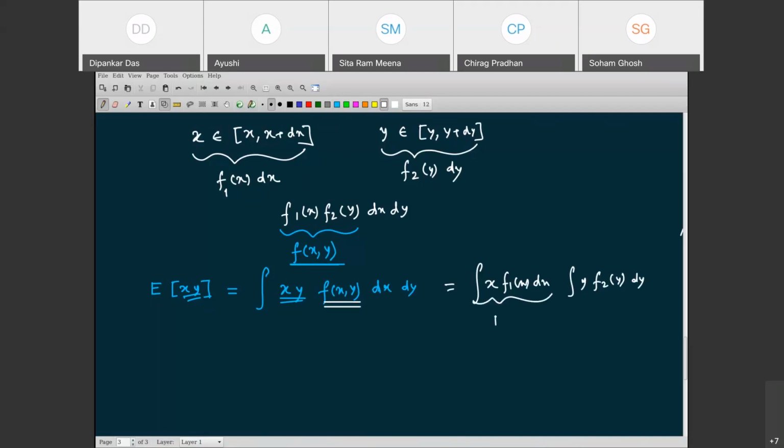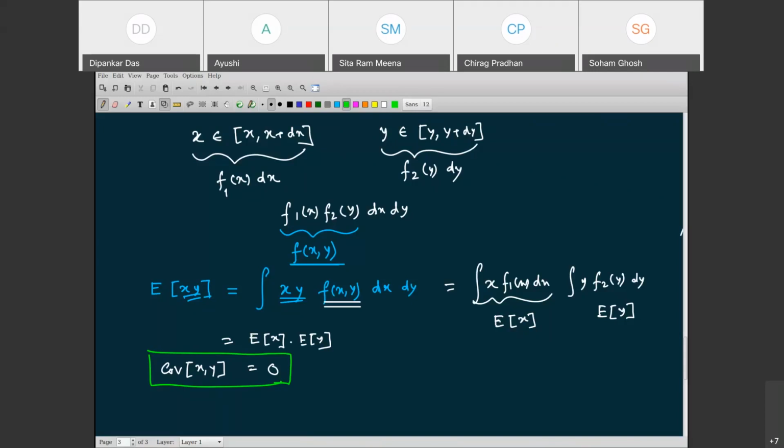And if you recall, this is just the expectation value of x, and this is just the expectation value of y, if I integrate out the other parts. So the expectation value of xy breaks down into the expectation value of x times the expectation value of y. In this case the covariance becomes 0. This justifies the name covariance: if x and y are independent, then the covariance of x and y will be 0, and the distribution is factorizable.